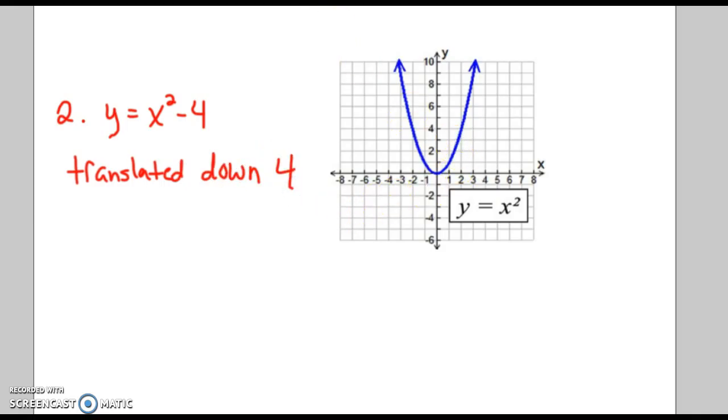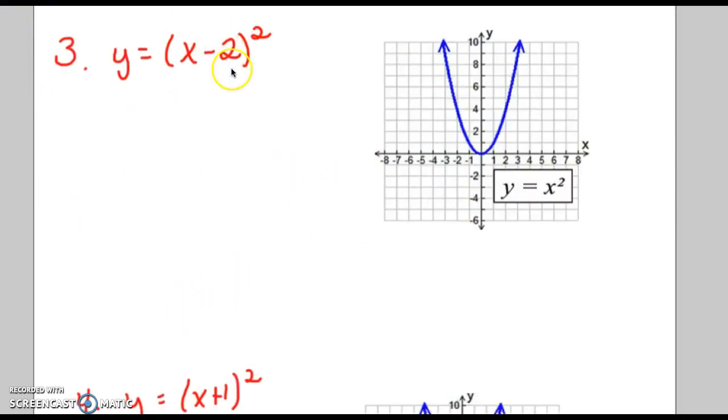So once again, the vertex is starting at 0, 0, and so my new red one will be shifted down 4, so the vertex will move down 1, 2, 3, 4 units. Everything else is the same and still goes on and on forever.